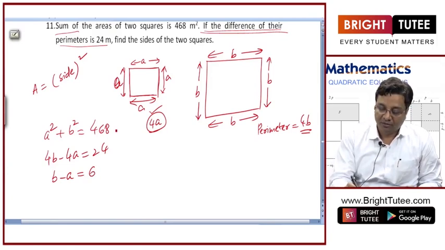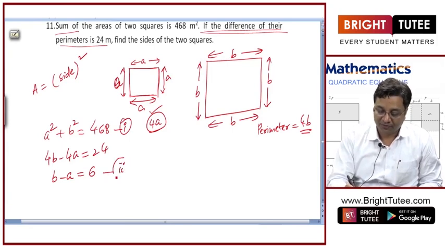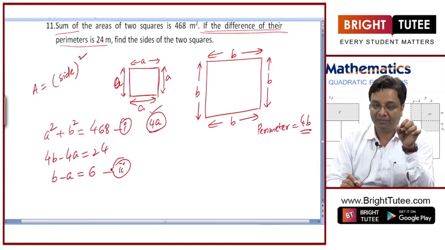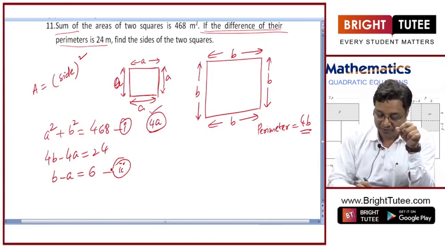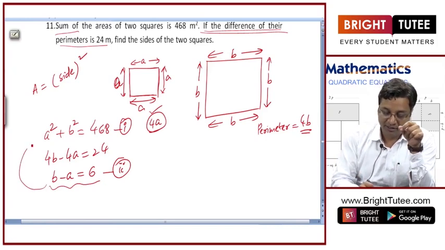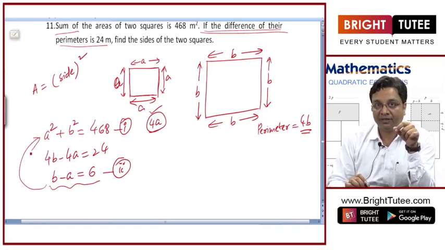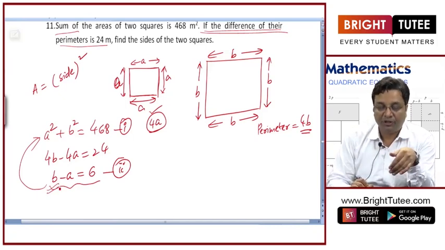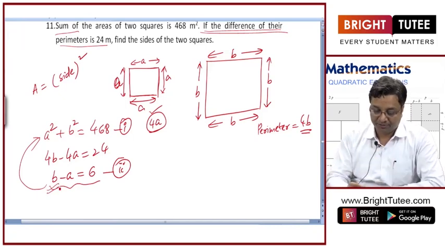Now I've got this equation, equation 1, and I've got this equation. I need to use these two equations to find the values of a and b. So what I can do here is take the value of a from here and put it in equation 1, or I can calculate the value of b from here and put it in equation 1. So let's do it.